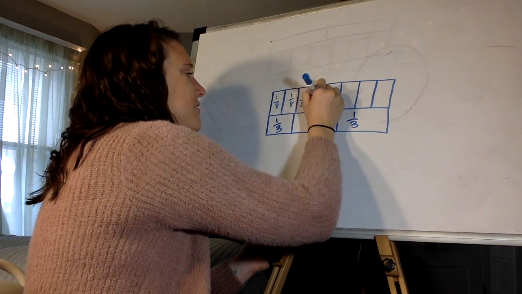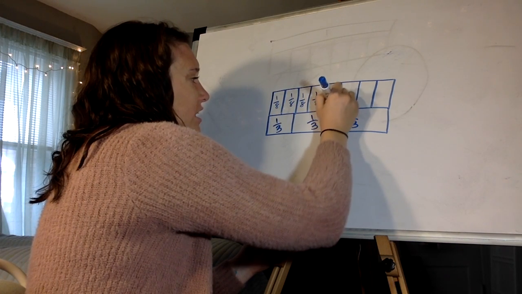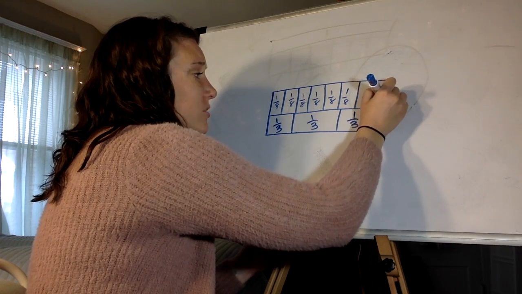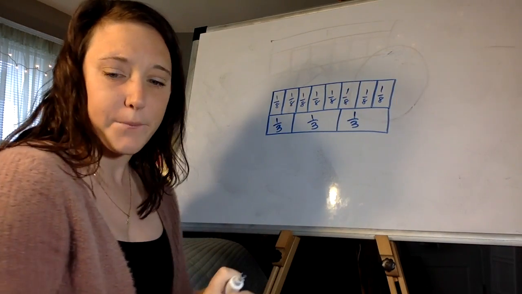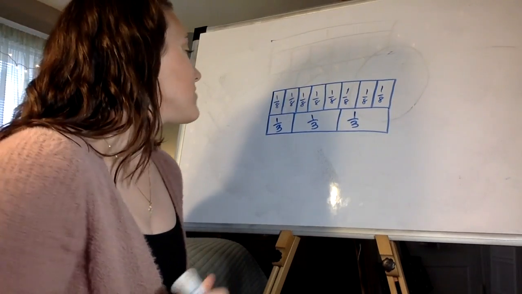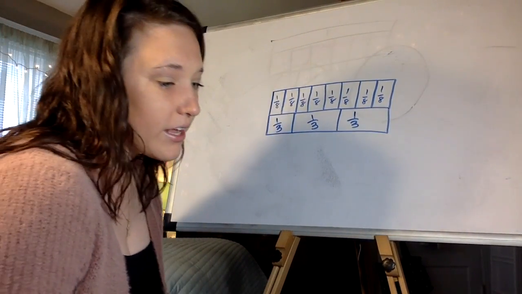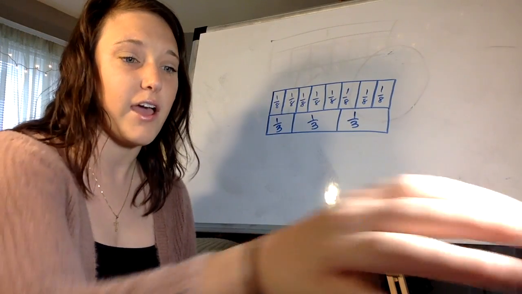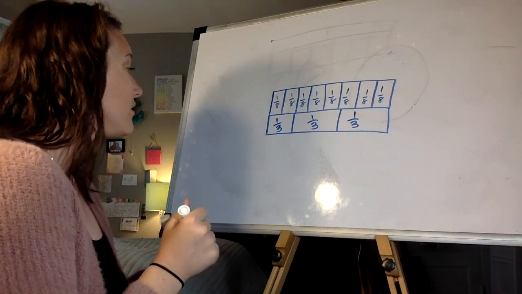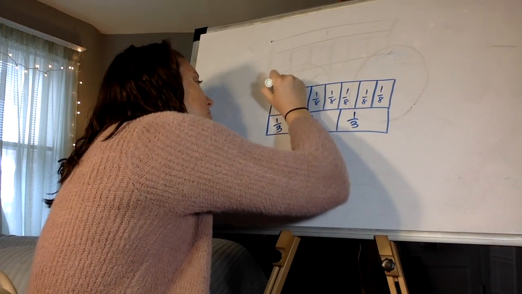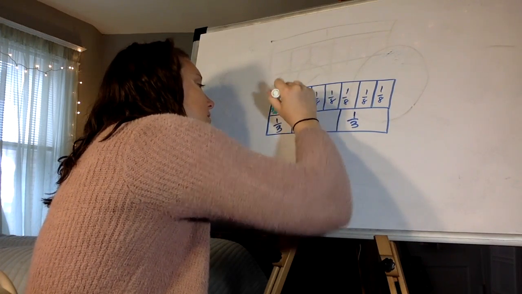And again, I'm just filling in the fractions in each square because that's how a fraction strip would be represented, okay? All right, so I now have my fraction strips. And then I would need to shade, okay? So I'm going to grab my green and I'm going to shade in 1/8.